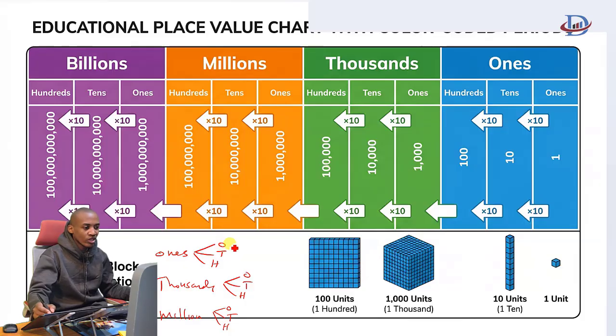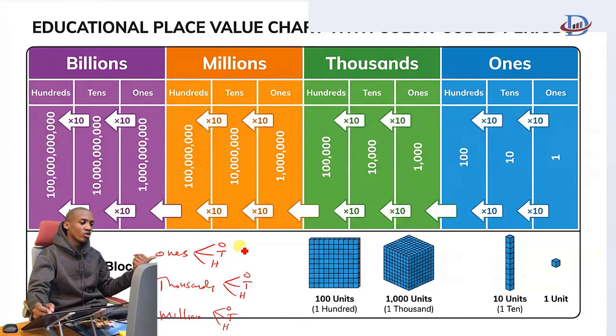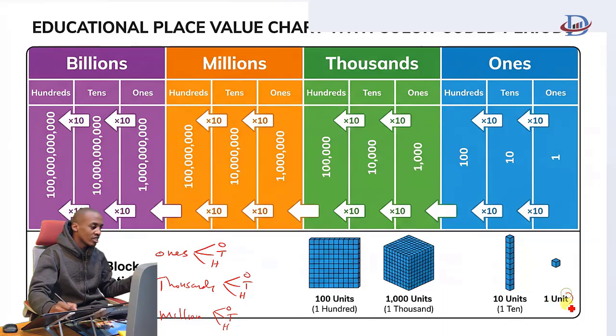For the ones here, most of the time we call it a unit, but the correct word is ones, because there can be 1 unit, 3 units, or 4 units. Remember that the word unit stands for this square box, just one square box.